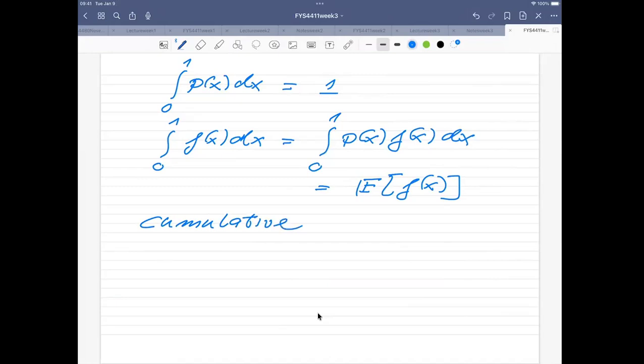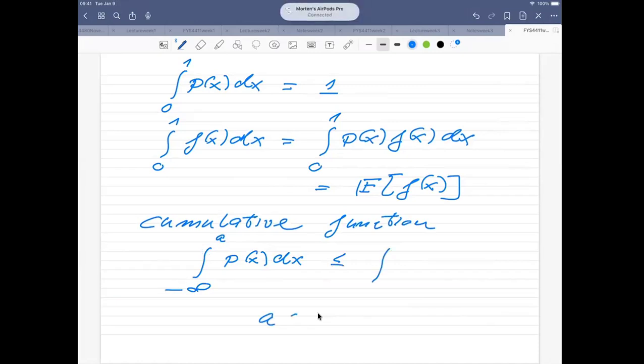Suppose we are looking at a more general probability distribution, and we integrate p of x dx from minus infinity up to a point A. The cumulative function is defined so that if B is larger than or equal to A, then the integral from minus infinity up to B gives a larger value than the integral from minus infinity to A.